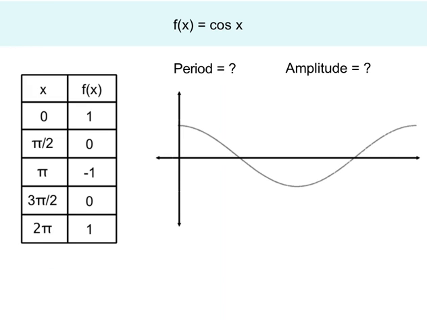Now, the next thing that I'd like to do is talk about cosine. And again, we've graphed this before. We know the period is 2 pi. My amplitude, again, is the maximum minus the minimum divided by 2. Amplitude is 1. It's the distance between the x-axis and my maximum point and my minimum point. So here are my critical values for cosine.